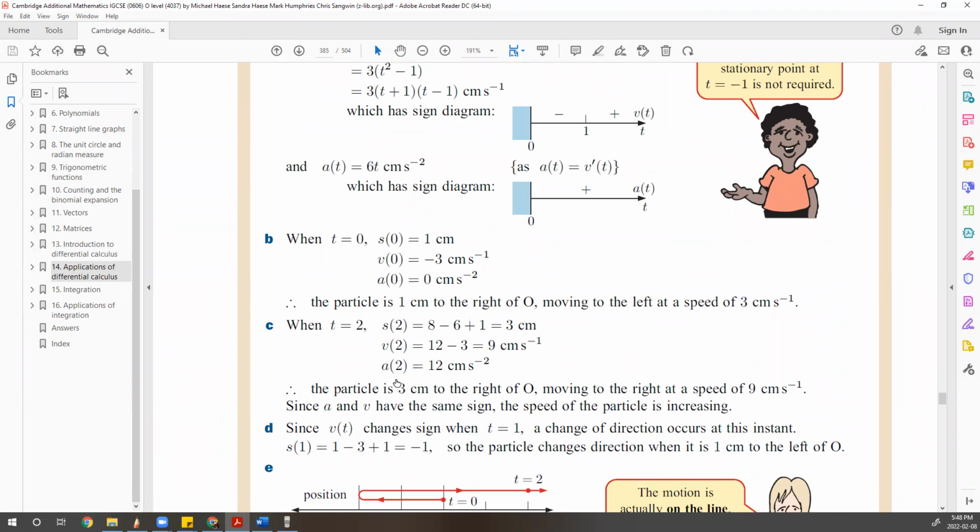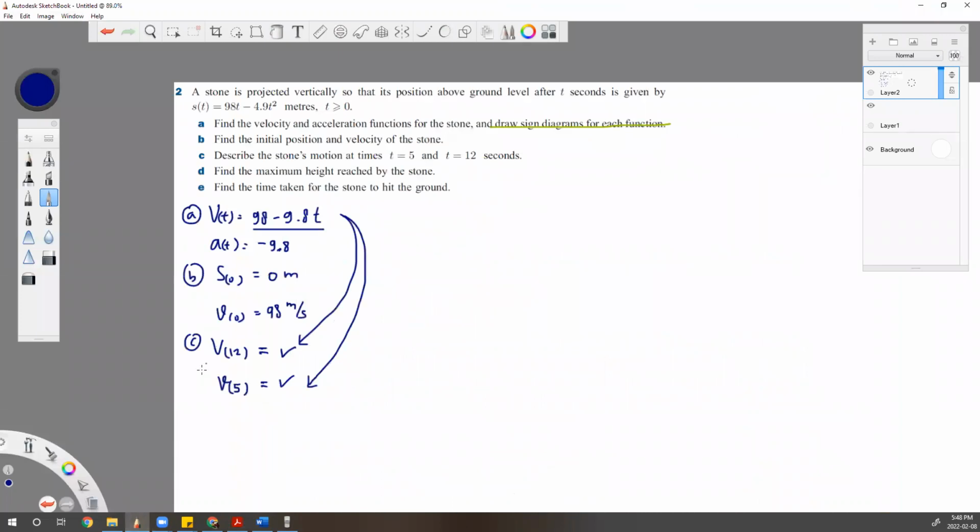So when t equals 2, the particle is 3 meters to the right and moving 9 centimeters per second to the right at an acceleration of 12 cm per second squared. Everything. Thank you for reminding. For the equation for acceleration, would it just be like a2 minus a1 over?